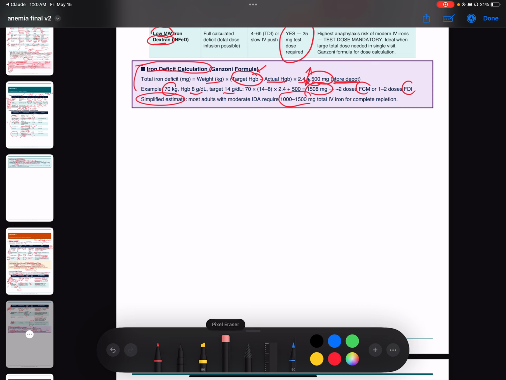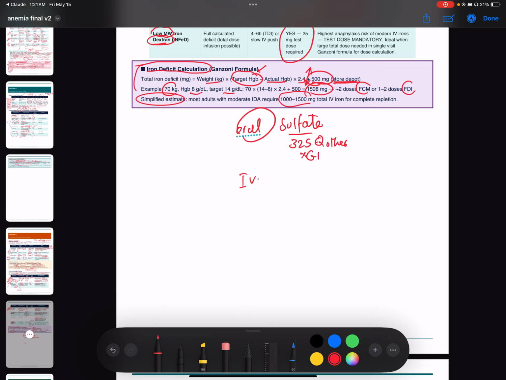So let's just try to summarize it. Iron, we have the oral one and the IV. For oral, we always start with iron sulfate, right? So we always start with iron sulfate. It's 325, every other day.